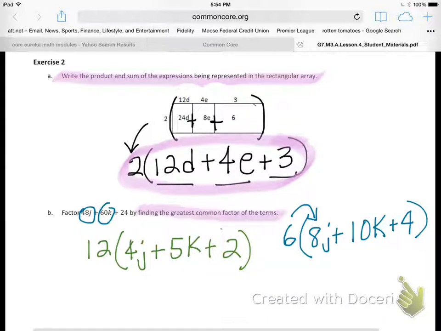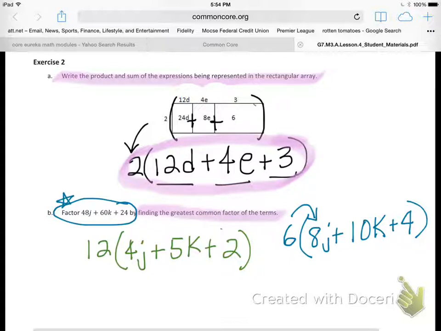But if this did happen to you and you have this as your answer, it's not that it's not equivalent, because it is equivalent, and it is factoring. In this case, you have indeed factored this expression, but you have not completely factored. And whenever you see factor, we all want to think about that as completely factoring.